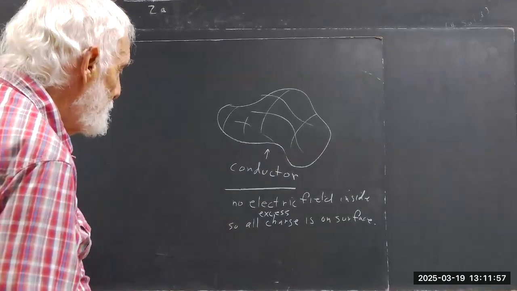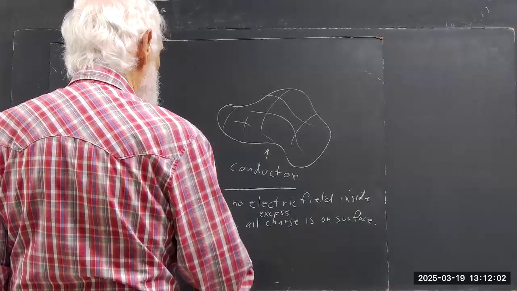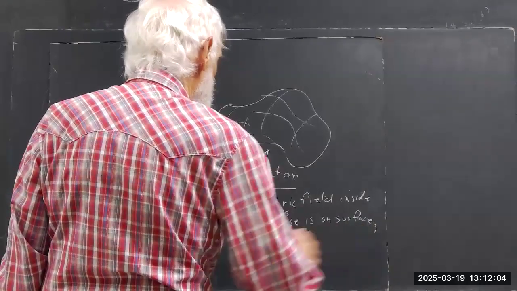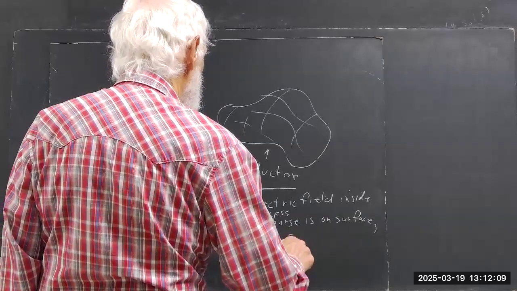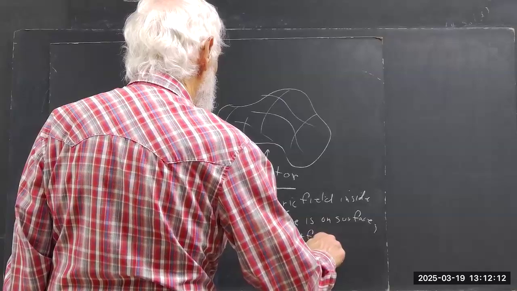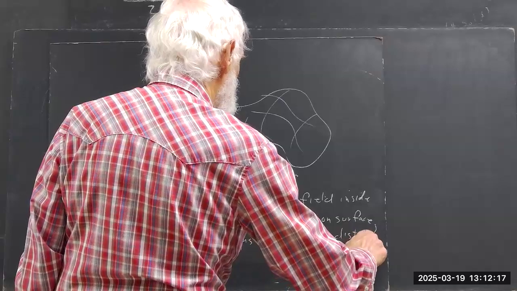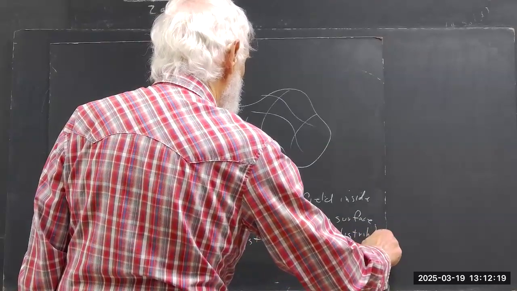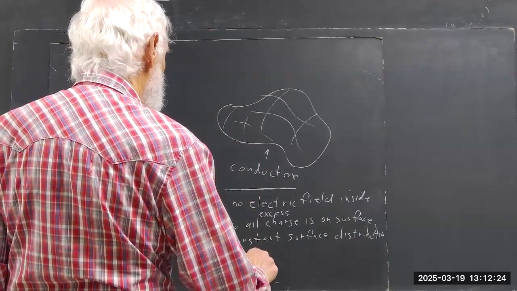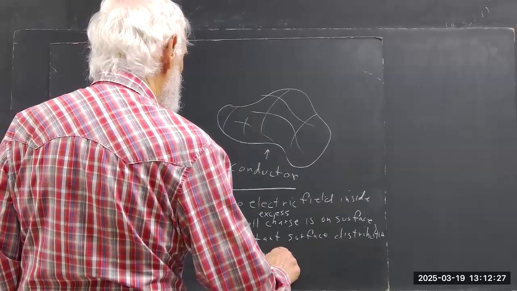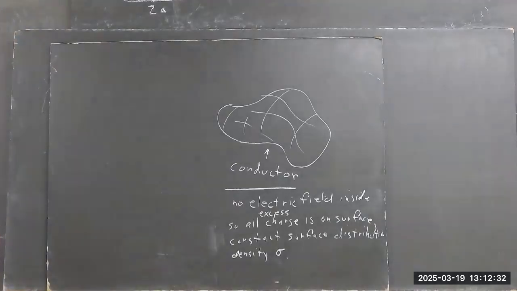Now, my question is, you have a constant surface distribution, density sigma, and I shouldn't have to tell you that's charge per unit area.